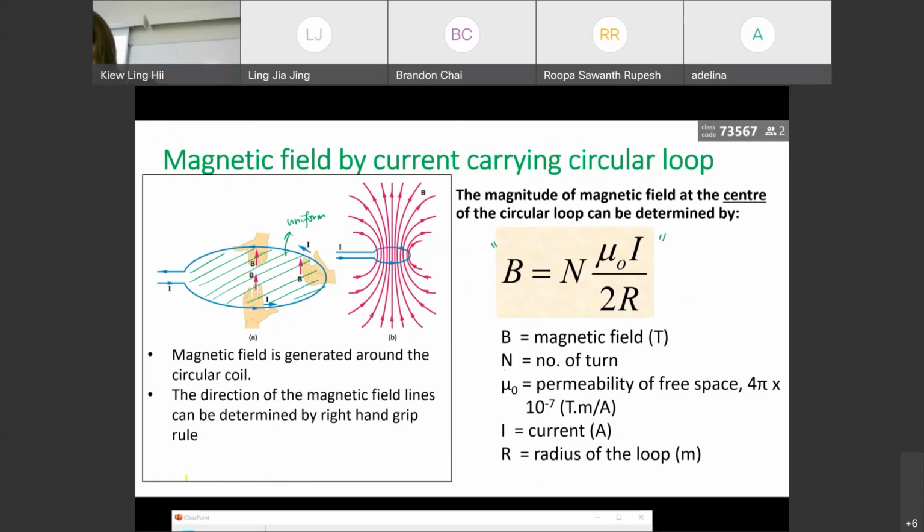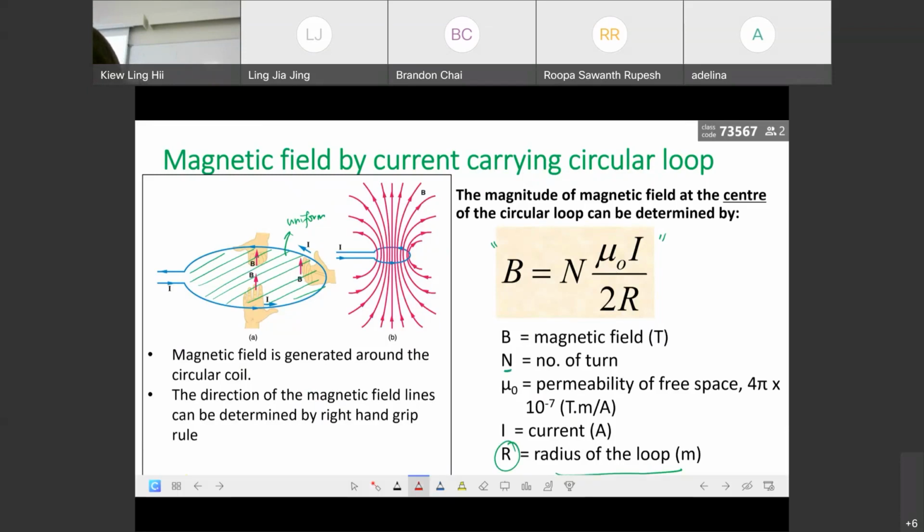N refers to the number of turns of your loop, mu naught the constant, I the current, and R is the radius of the circular loop. It is uniform, meaning that at this point it is B, and at the center here the value is also the same. The value of the magnetic field at the center of the circular coil is uniform.